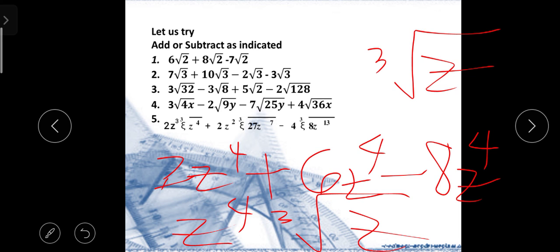So, yun po yung ating final answer for number 5. Question? Sa book po ay mali, ha? Kasi pag susundin nyo naman yun, makikita nyo naman kung ano yung mali sa number 5 sa book.